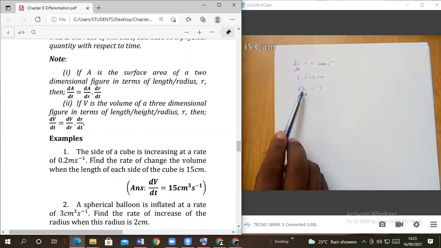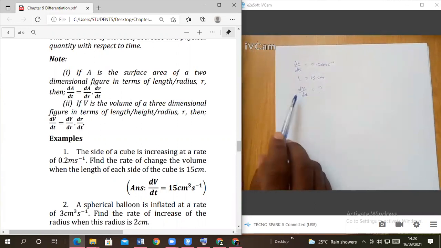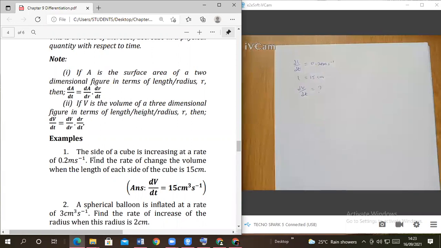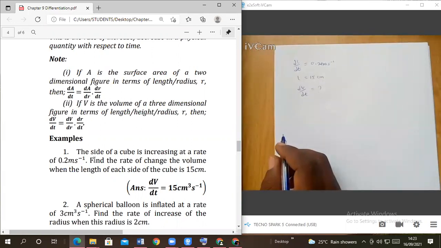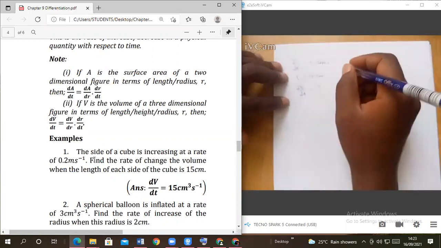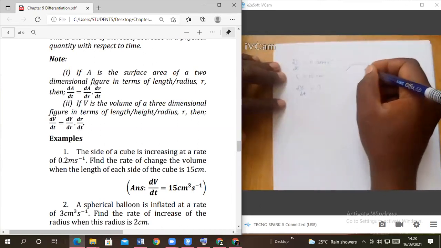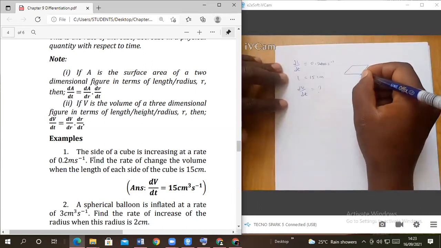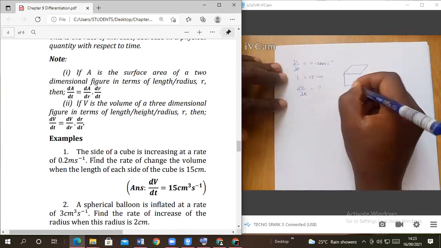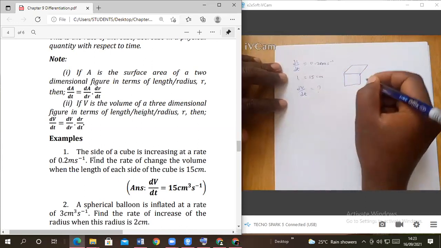Are we together? Yes. So assuming this is our cube, let's say this is our cube.